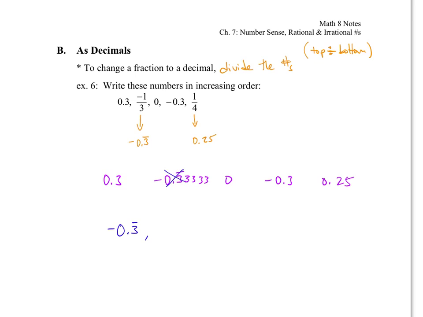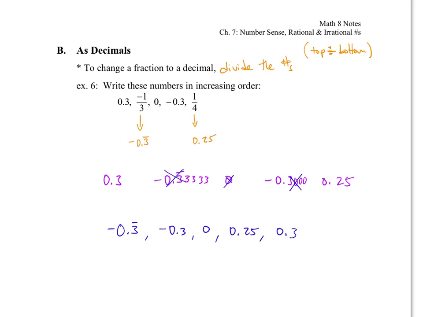Negative 0.3. That one ends, because you can put zeros there. Then 0, then 0.25, and then 0.3.